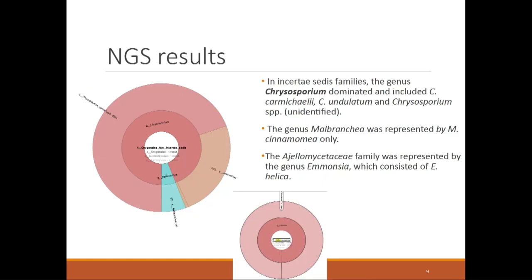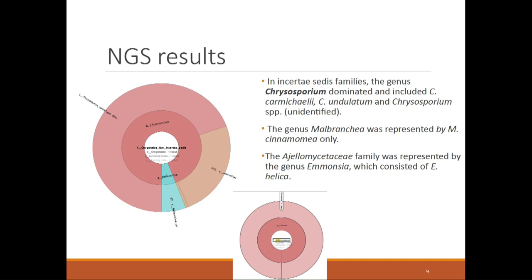Well, in incertae sedis families, the genus Chrysosporium was dominating, and it included species Chrysosporium carmichaelii, Chrysosporium undulatum, and one more unidentified Chrysosporium species. Also, the genus Malbranchea was presented in this section, and it consisted of one species, Malbranchea cinnamomea.